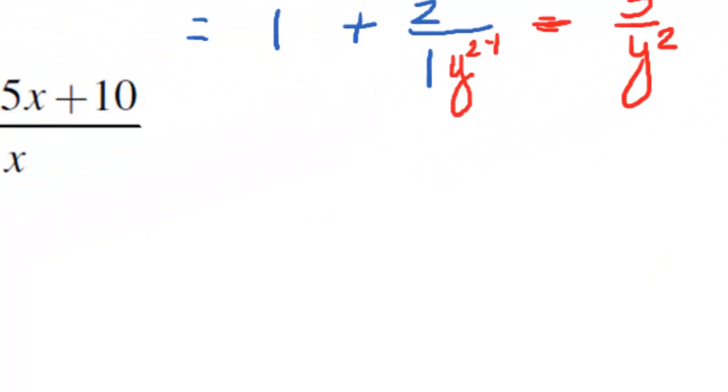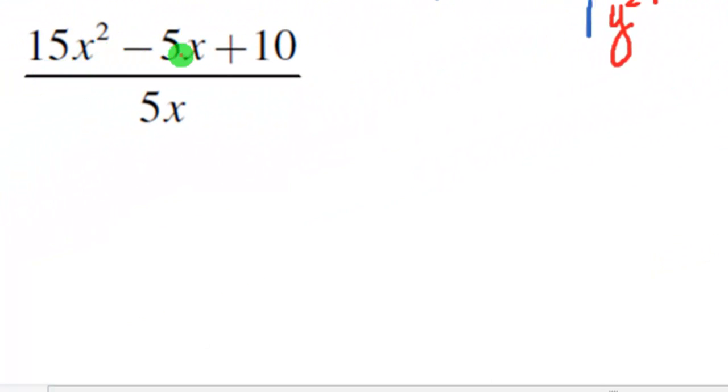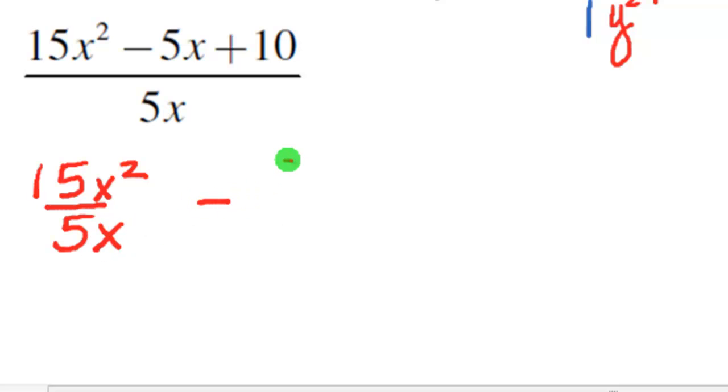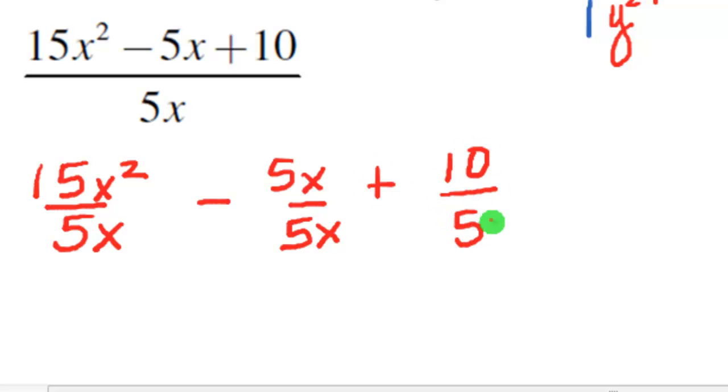Okay, we've got one more here. We've got 15x squared minus 5x plus 10 divided by 5x. I'm going to split those up, make separate fractions, and then I'm going to reduce. In our first fraction, 5 and 15 have 5 in common, which leaves us with a 3 and a 1.